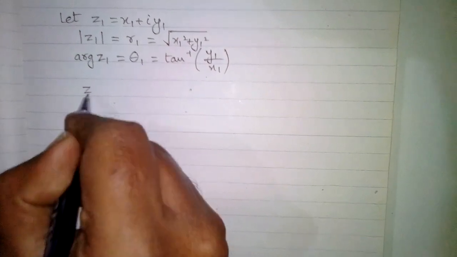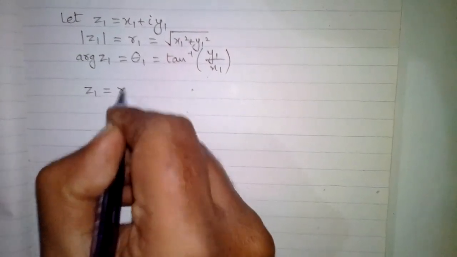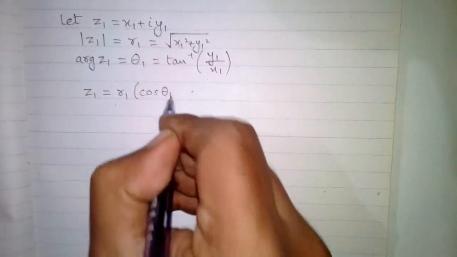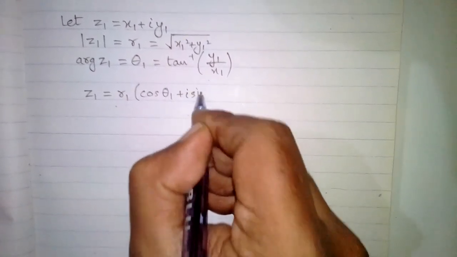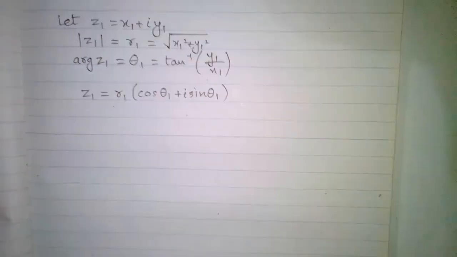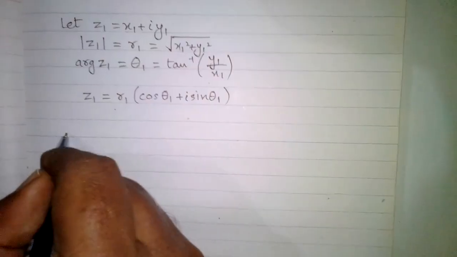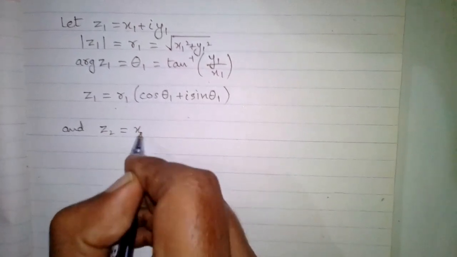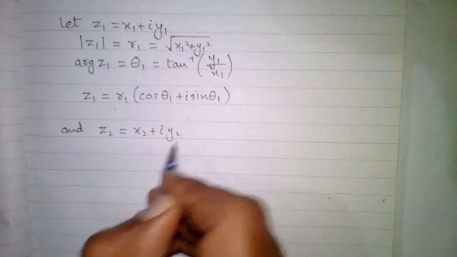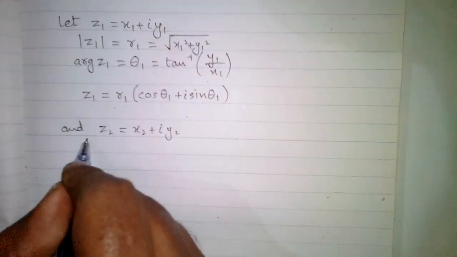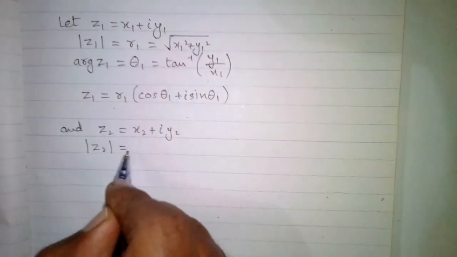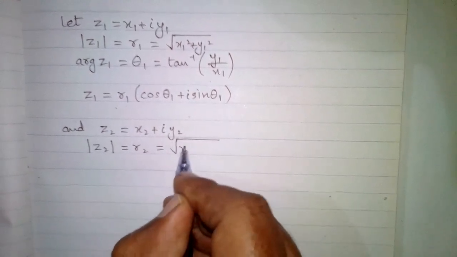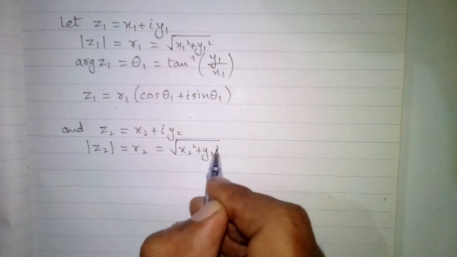So we can express this complex number in polar form as r1 times cos of theta 1 plus iota sine theta 1. Now we will take another complex number z2 which is equal to x2 plus iota y2. So the modulus of this complex number is modulus of z2 which is equal to r2, and this is equal to square root of x2 square plus y2 square.